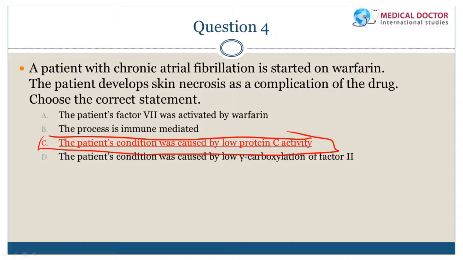We're basically entering a transient hypercoagulable state until the deactivation of the other factors would occur. And this is why in patients who are started with warfarin, they often get heparin for a few days to counteract the risk of transient hypercoagulability.